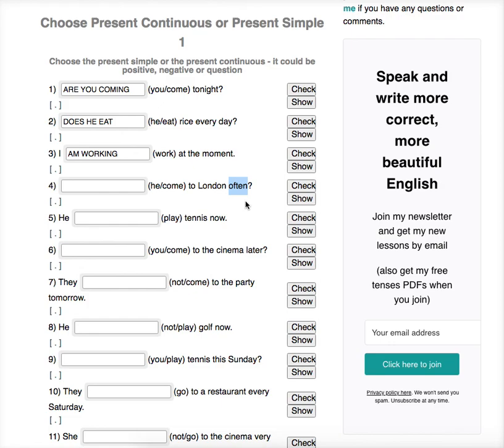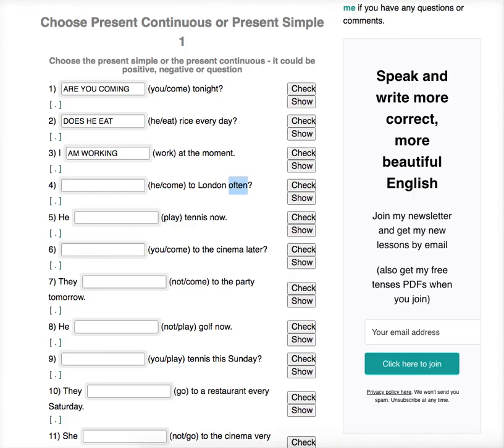Often. Frequency adverb. The present continuous, ¿no? ¿Por qué continuo? ¿Está en el futuro o está sucediendo en este momento, amor? No, mira que tienes often, seguido, acuérdate. Ah, no, simple. Present simple.